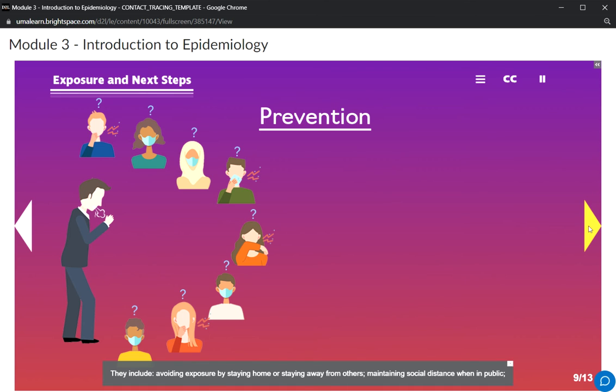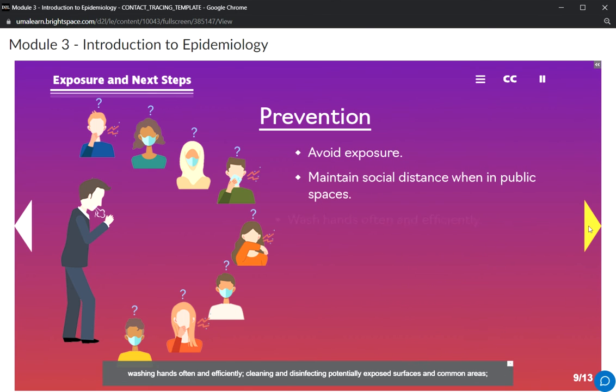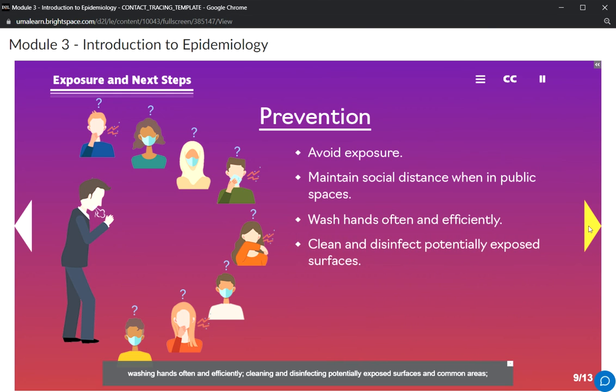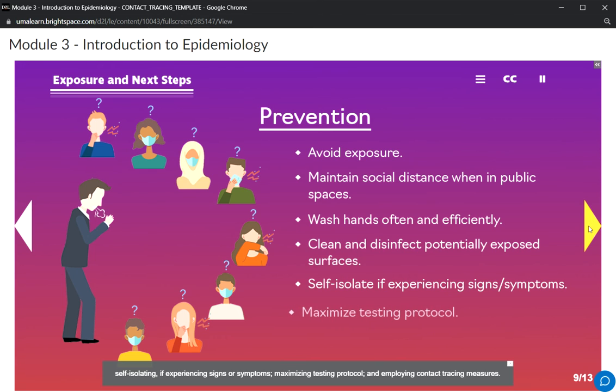They include avoiding exposure by staying home or staying away from others, maintaining social distance when in public, washing hands often and efficiently, cleaning and disinfecting potentially exposed surfaces and common areas, self-isolating if experiencing signs or symptoms, maximizing testing protocol, and employing contact tracing measures. Preventing the spread of an infectious disease or virus during an outbreak is crucial for minimizing additional risk to society.